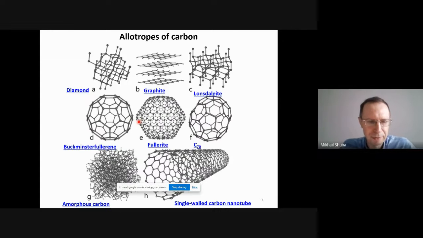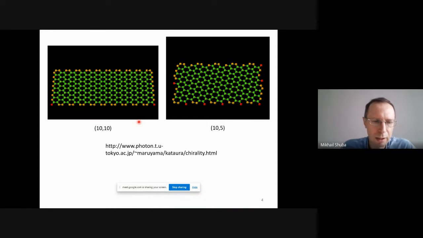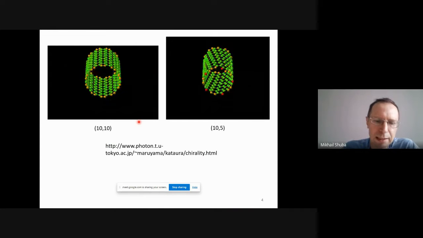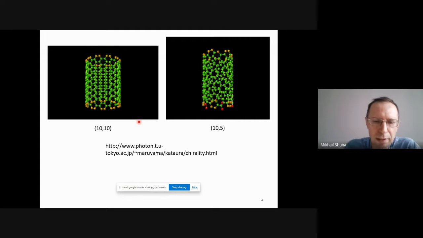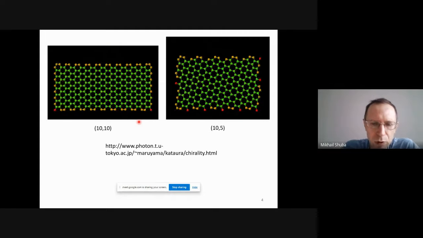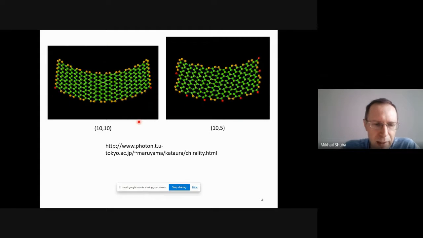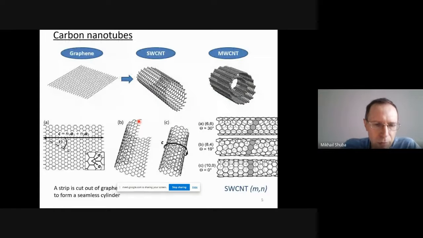So there are several allotropes of carbon, including diamond, graphite, amorphous carbon, and single-wall carbon nanotubes. Single-wall carbon nanotubes can be considered as a strip cut out of graphene and then rolled up to form a seamless cylinder. The way the graphene sheet is wrapped is represented by a pair of indexes, N1 and N2.